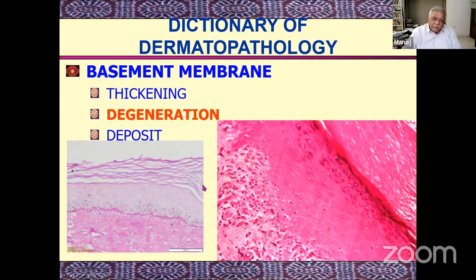Now, next to the epidermis is the layer separating the dermis and the epidermis. That is the basement membrane. Now, one basic fact will tell you all the changes of the basement membrane. There is a tendency in some people to see the basement membrane as a kind of a plastic film which separates the epidermis from the dermis.